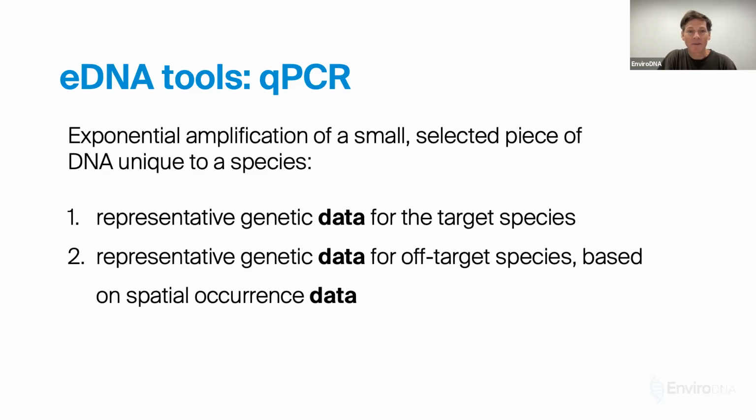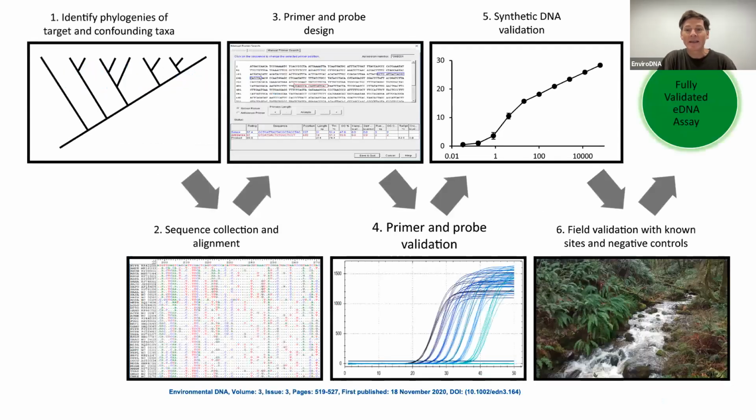And so these are some of the main steps that we go through in designing assays. We identify potentially confounding taxa. This can be very easy in some cases, like for platypus most famously, or a Tasmanian tiger. Can be very much harder, depending on the vagaries of population genetics and phylogeny.